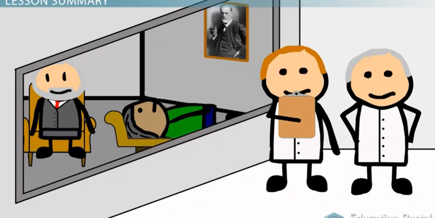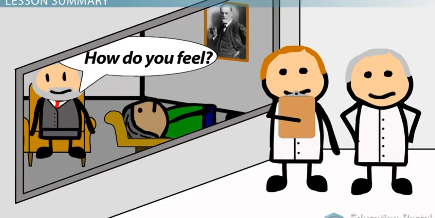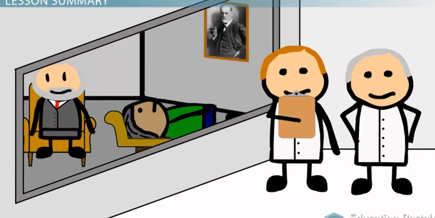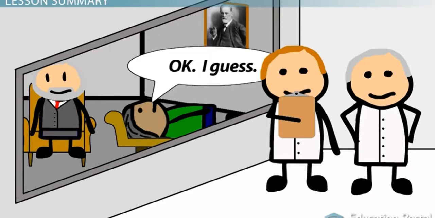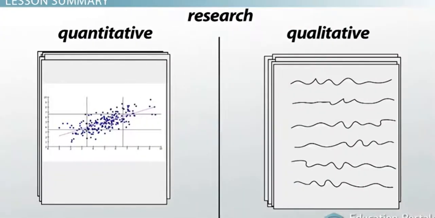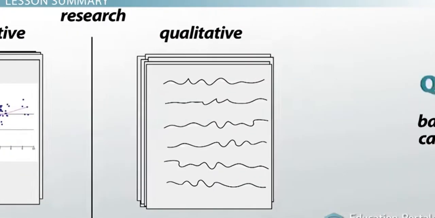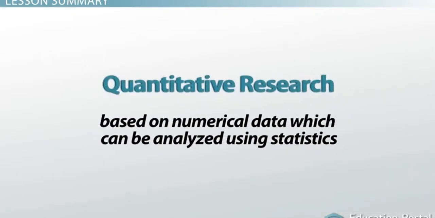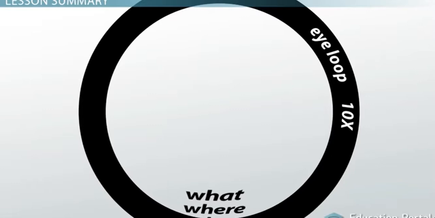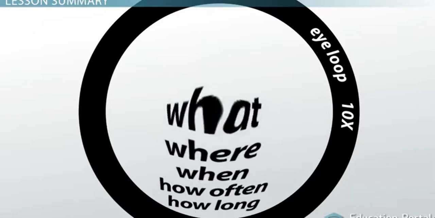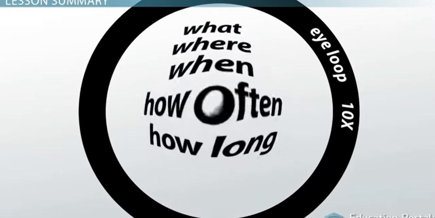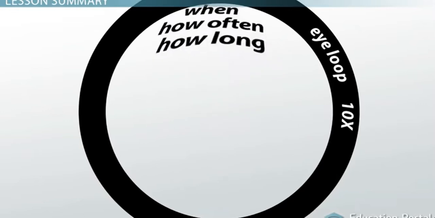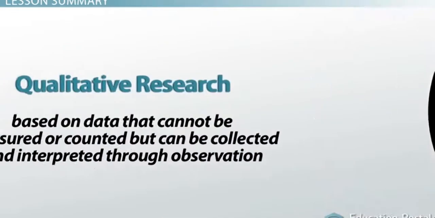In summary, research in the social sciences occurs in many different forms and can be divided into two basic types, quantitative and qualitative. Quantitative research is based on numerical data which can be analyzed using statistics. This type of research focuses on pinpointing what, where, when, how often, and how long social phenomena occur.